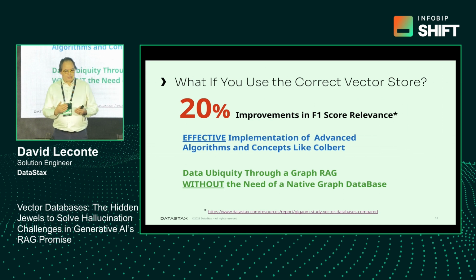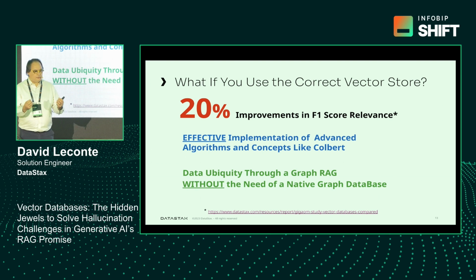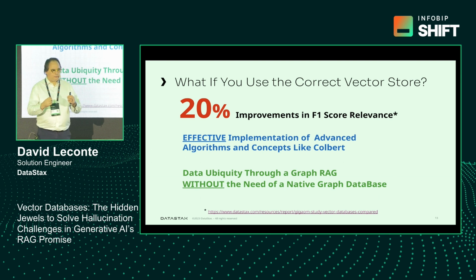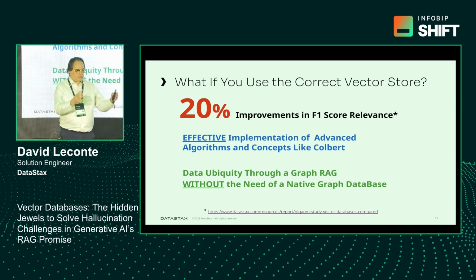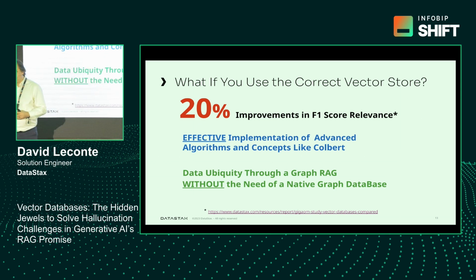And the idea is, how can we deal with those limitations without having to add another database, buy new licenses, make our DevOps more complex, and so on? So that's very complex. So is there a way of providing data ubiquity from the vector store we are using, so we can use similarity search along with a graph approach to improve the accuracy?